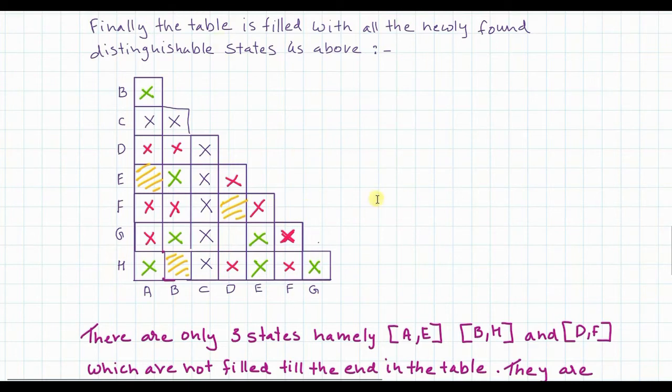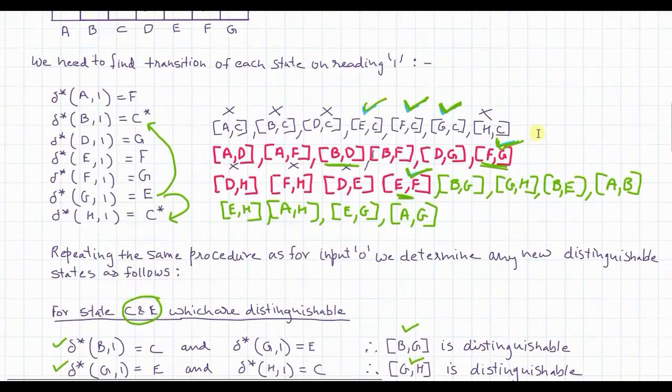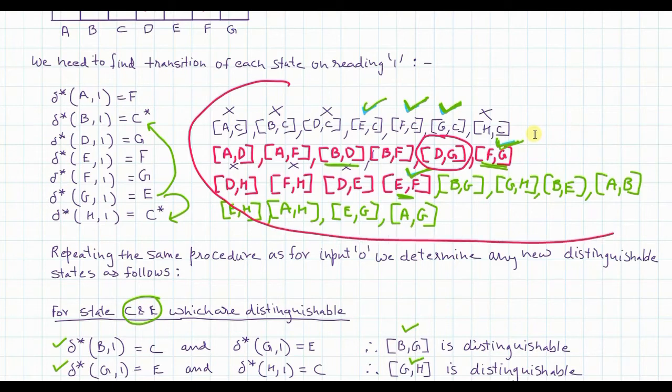So you should be very careful and mark each state carefully, because even if you leave any state, the answer will be wrong. So this should have been already marked in the previous iteration. Why? Because G comma D was already found distinguishable. It's already present, and that is the reason why I write this.